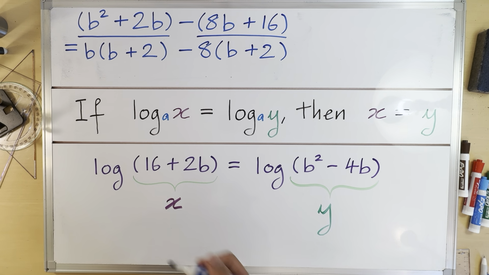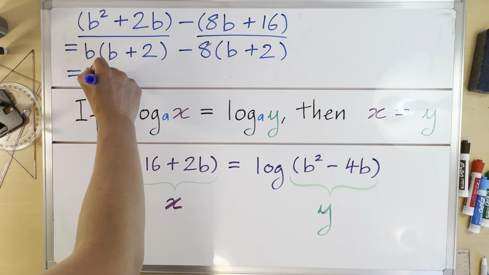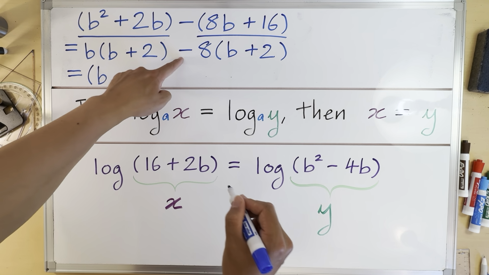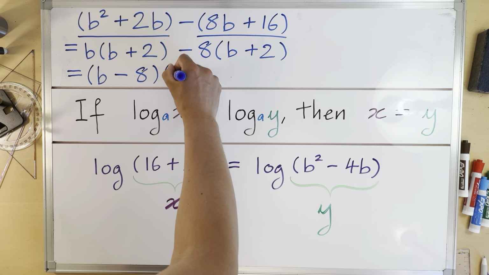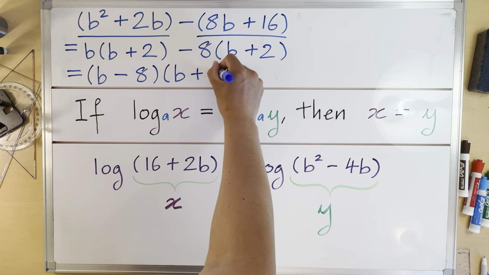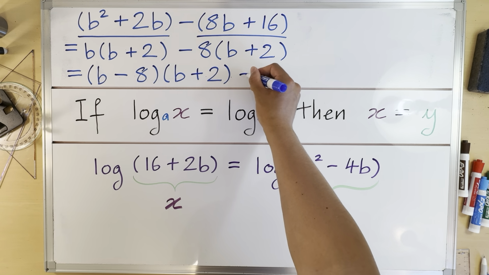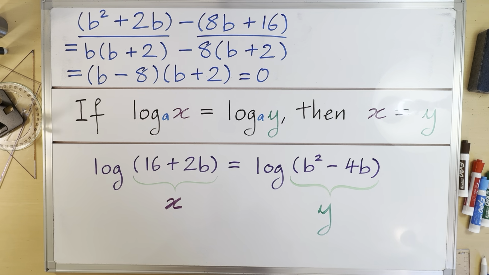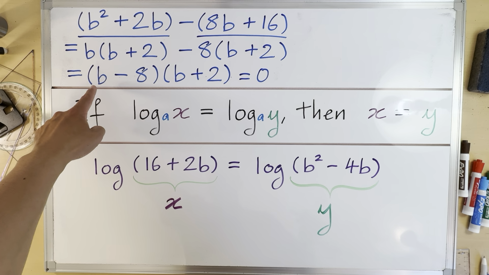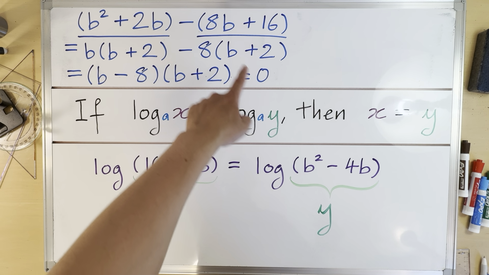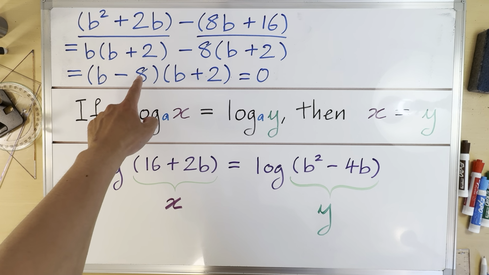Now, all we have to do is simplify. This will become b minus 8 times b plus 2 is equal to 0. And so therefore, for the first scenario, if this whole entire thing were equal to 0, b will have to be equal to positive 8.